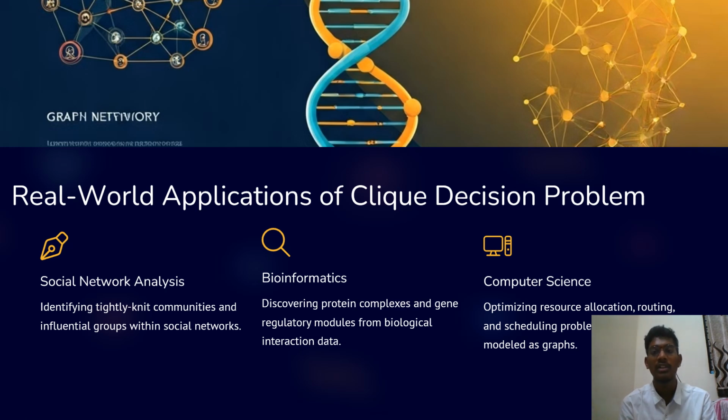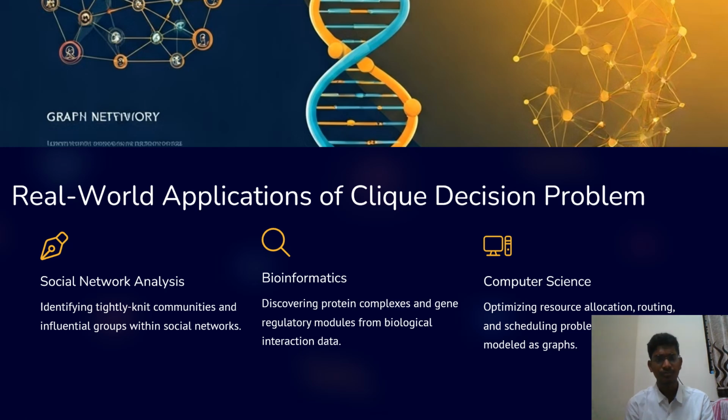Real-world applications of the clique decision problem. We can see three domains. The first one is social network analysis: identifying tightly knit communities and influential groups within social networks.